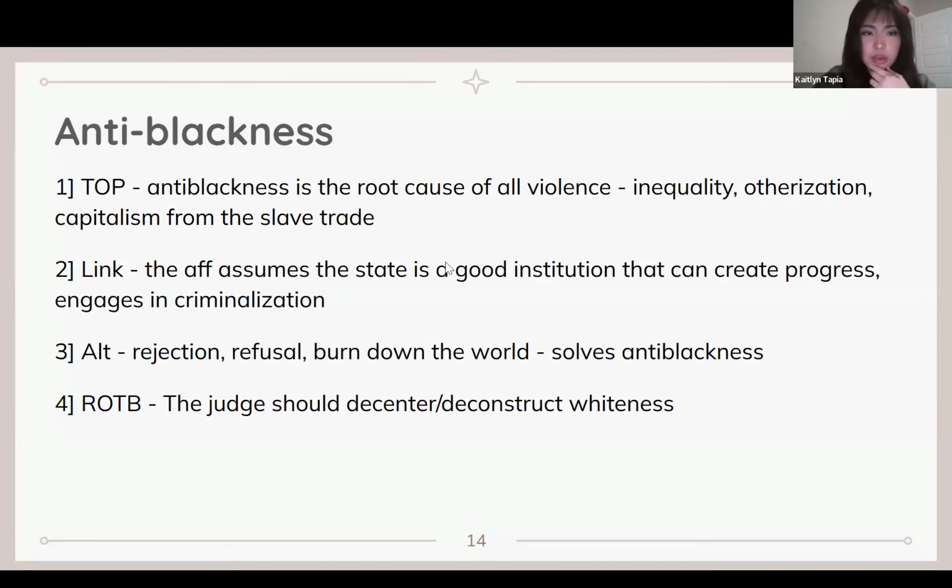Does anybody else have any questions about the examples or the different parts of a critique? Can there be an unlimited amount of Ks? There is not necessarily an unlimited amount of Ks, even if there are a lot of different links that you can generate, because all critiques are going to be based in the same theorizations.